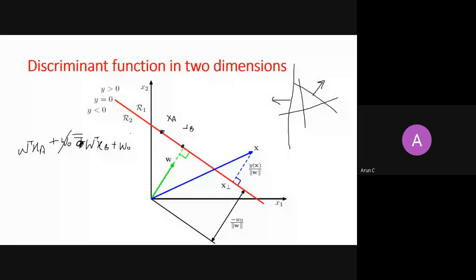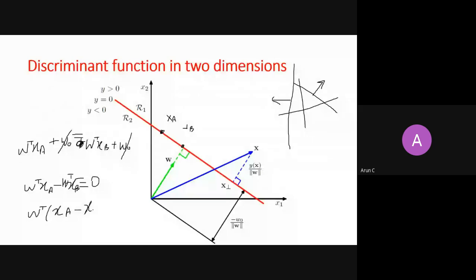I cancel the W naught on both sides. Then I take W transpose XA and move W transpose XB to the other side, so it equals 0. Then I take W transpose common, and I am left with XA minus XB.